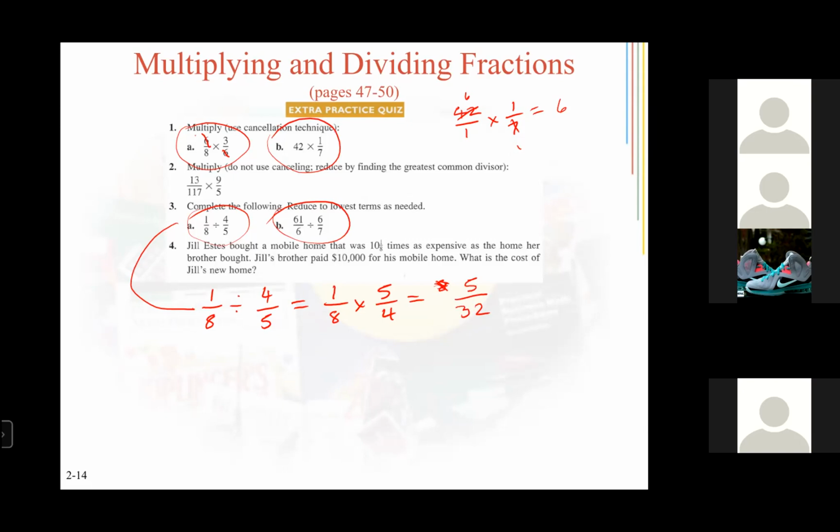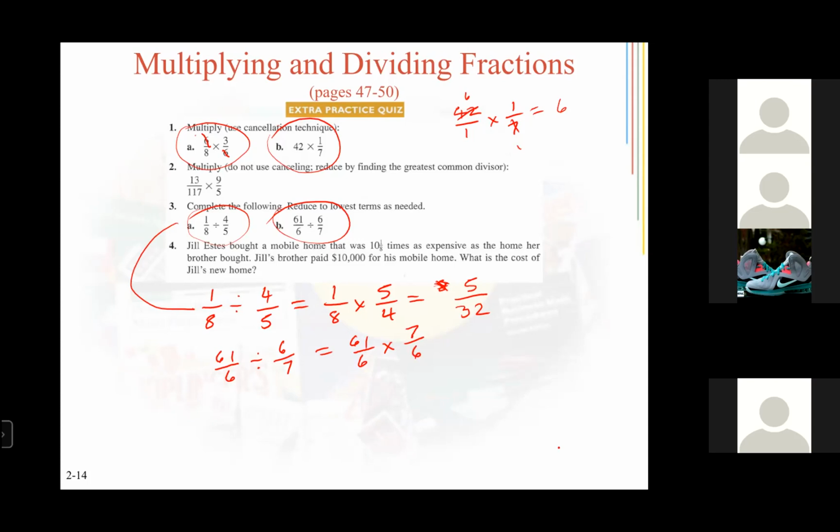Okay, the next one is 61/6 divided by 6/7. So following the same steps, it'll be 61/6 times what? 7/6. Okay.